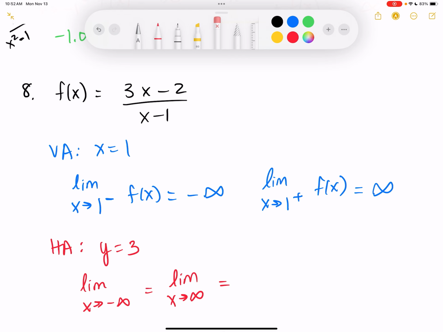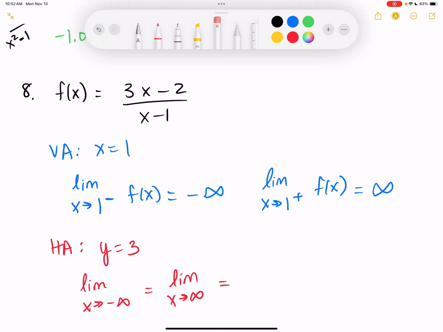So if I have 3 times 500 divided by 500, what is essentially happening? 3 times 500 divided by 500 would be what? 3. Okay, so that tells me that at infinity, and I'm just picking 500 because it's a big number, it's 3.